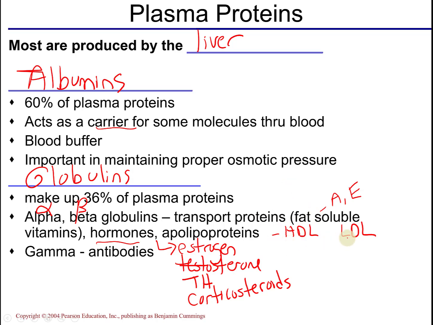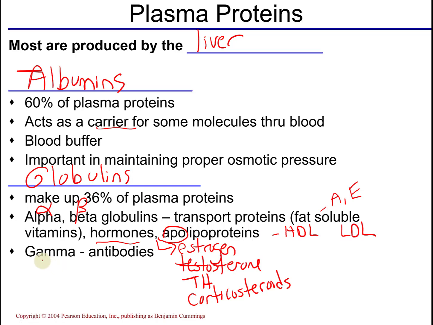LDL is going to drop off lipids onto the surface of the tunica intima. Well, once these cells bind to a lipid, they are no longer an apolipoprotein. So A means not. So this basically means what these are before they have lipids bound. These are all also transported by globulins.